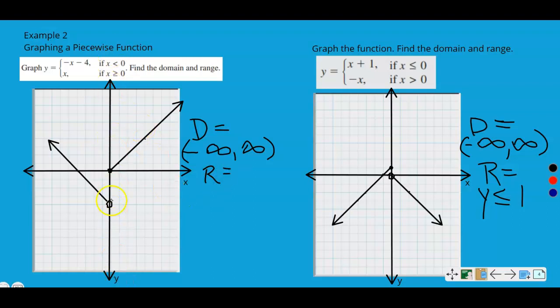Our y's go down as low as 1, 2, 3, 4, 4 not included. So all y's greater than 4, not including 4. Okay, that is all for example 2. Both examples are graphed and show the domain and range of each.